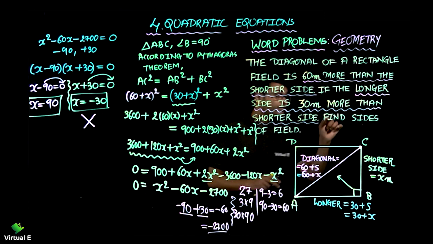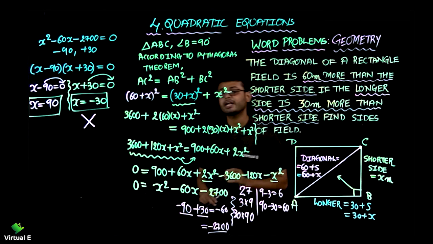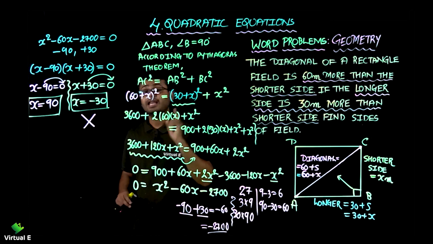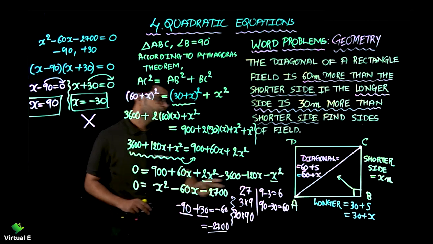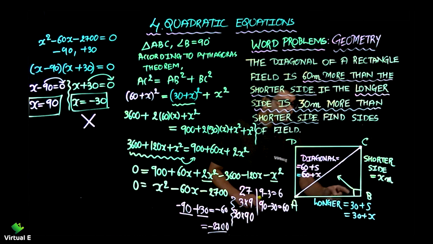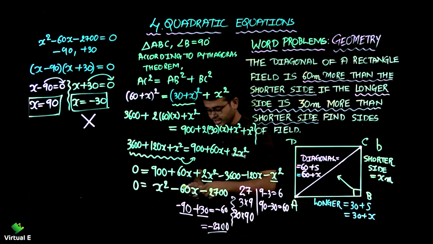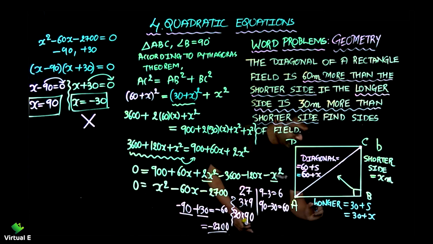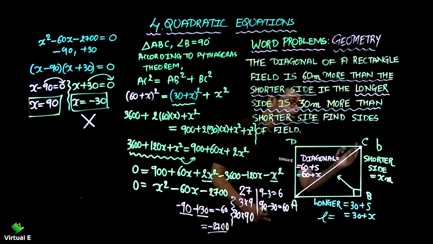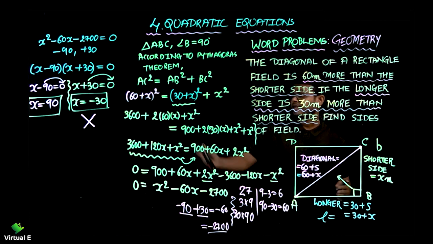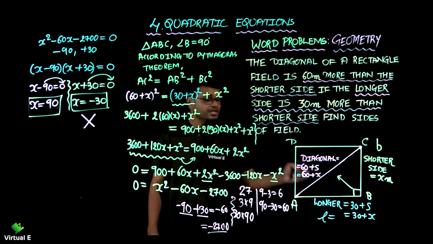But read the question, find the sides of the field. When we are talking about the sides of a rectangular field, we have length and breadth. The shorter one is the breadth, and the longer one is your length. So we have the value of the breadth directly, which is 90 meters, and the length is 30 plus x.